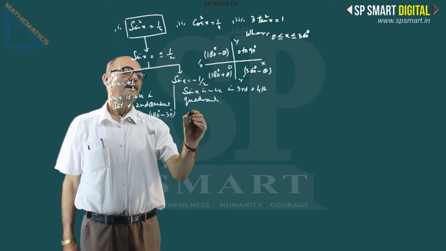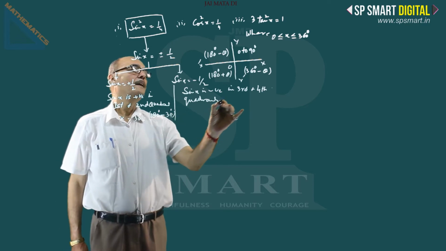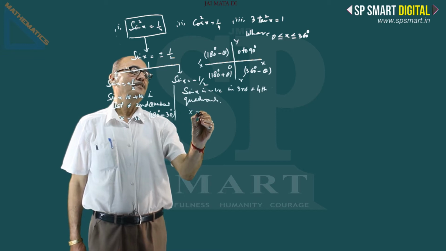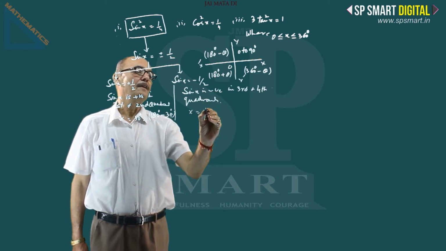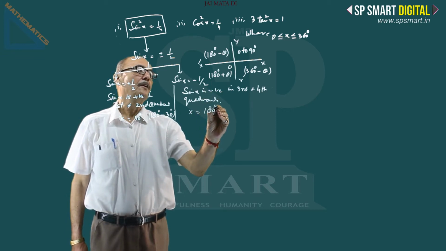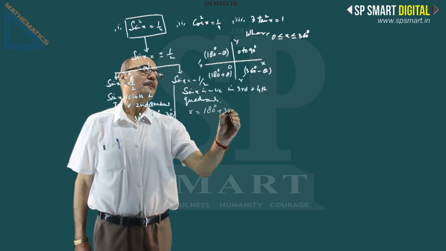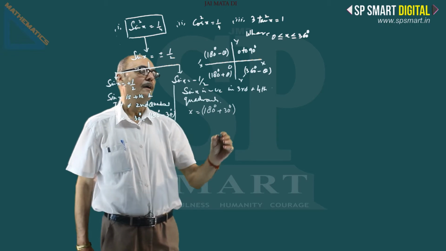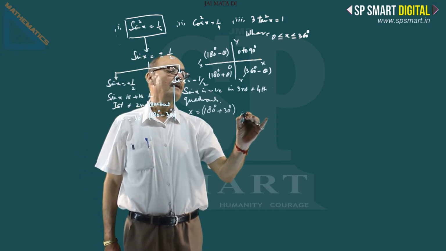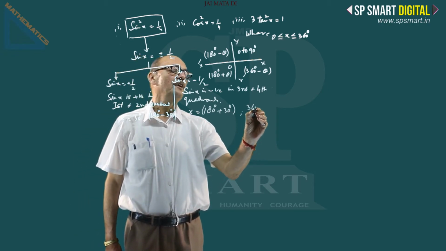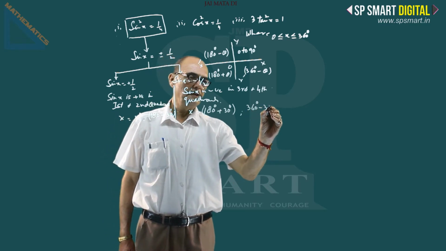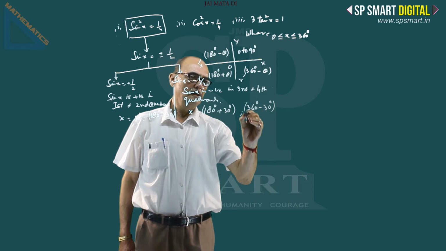Likewise, for third and fourth quadrant, in third quadrant we have 180 degrees plus theta, that is 30 degree, the value in the first quadrant, and 360 degree minus 30 degrees in the fourth quadrant.